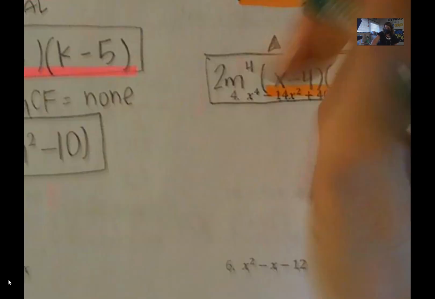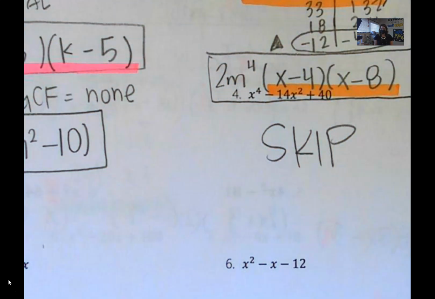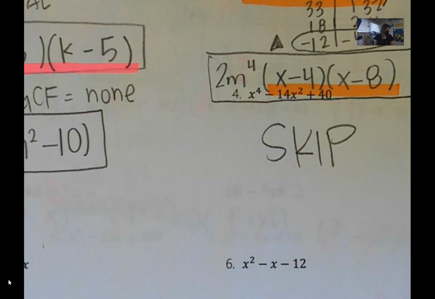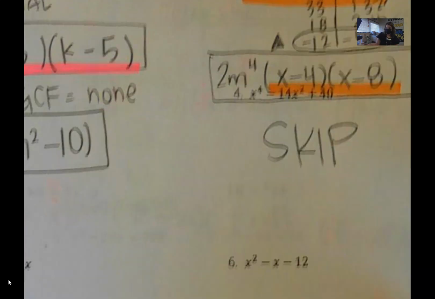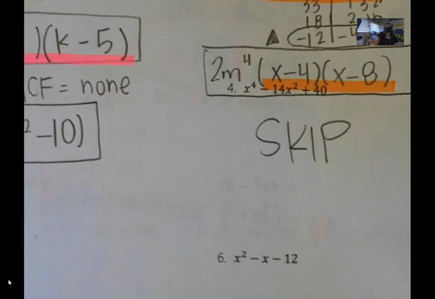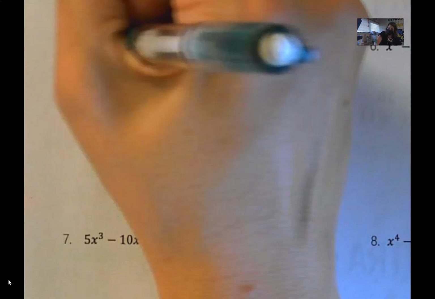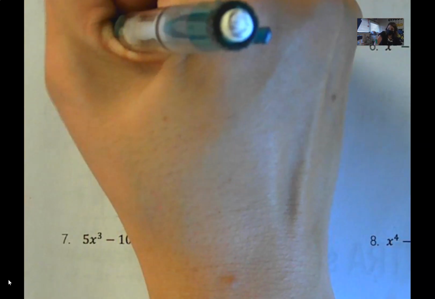Okay, we are totally skipping 4. If you did it, excellent. 5 is like number 2. So you guys do 5, and I'm going to have you hold it up on your whiteboard. This should be 3x cubed.